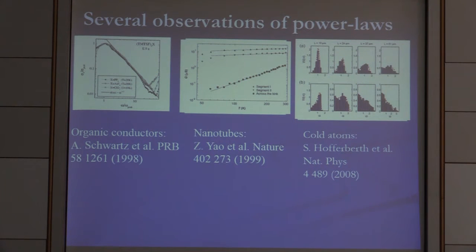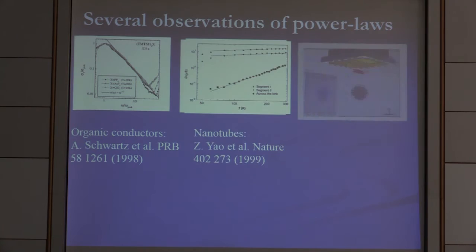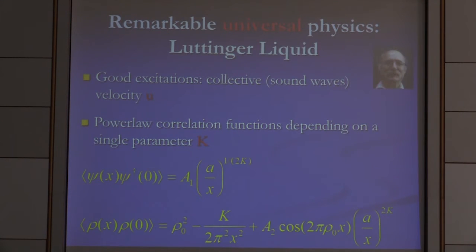Yes? Just a question, because power laws should depend on k. How can I map this? Is there a direct way to map this, for example, into temperature or frequency? So when you compute this correlation, for example, this is the conductivity. So it's a current-current correlation function. Instead of having the distance as a cutoff here, you will have the frequency as a cutoff. So when you work out the current-current correlation function at q equals 0 but finite frequency, you find that it's a power law of the frequency with a certain exponent, let's say 4k minus 5, something like this.